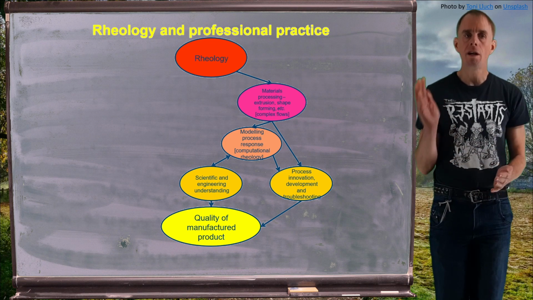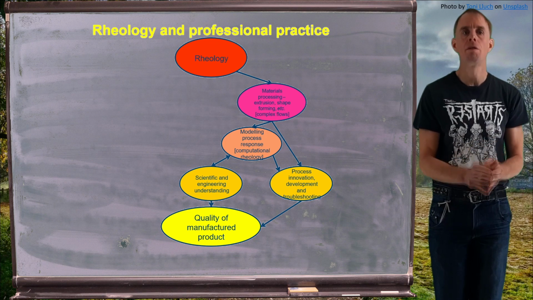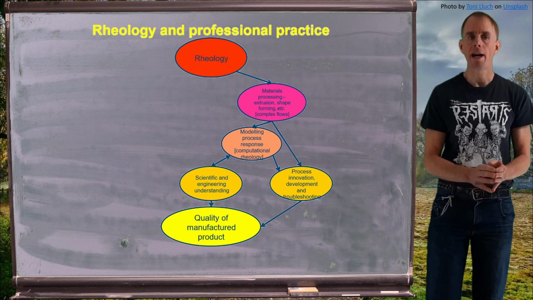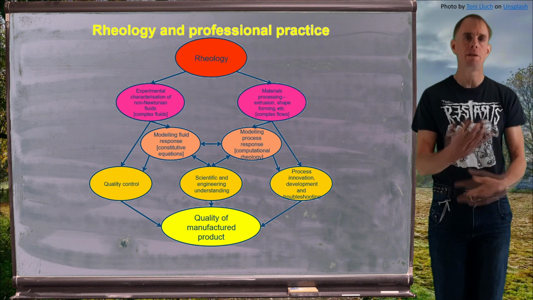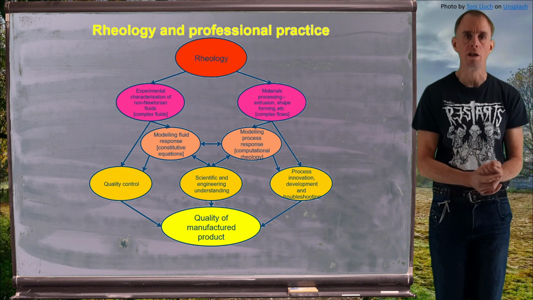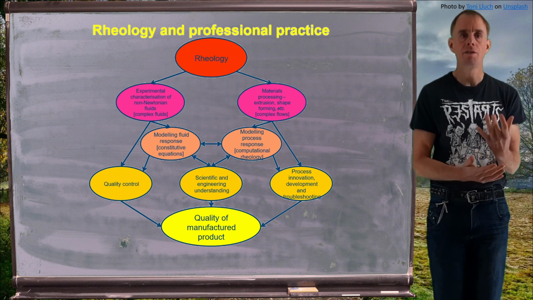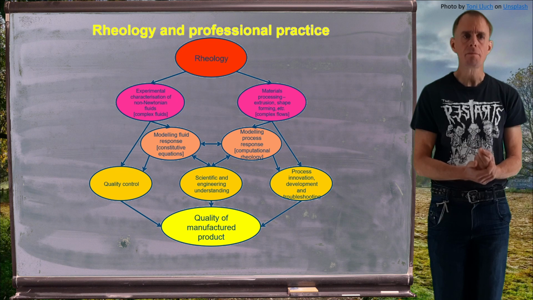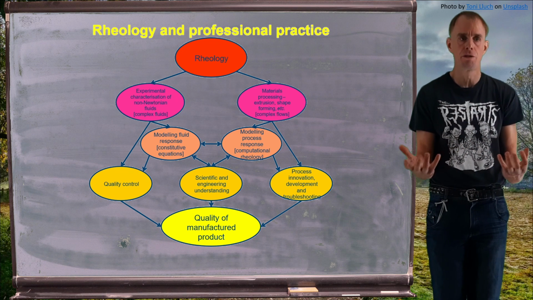However, we can't just focus on the materials processing operation alone. We have to think about the fluid that goes through it. So it might be a starch melt or a starch solution, and we need to understand what the characteristics of that material are. So we need to understand the fluid response as well as the process response.